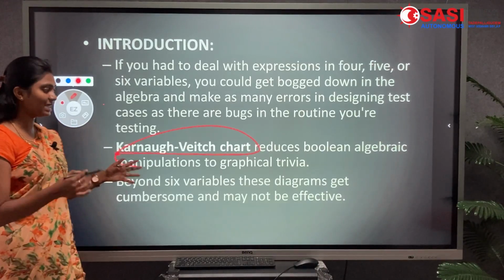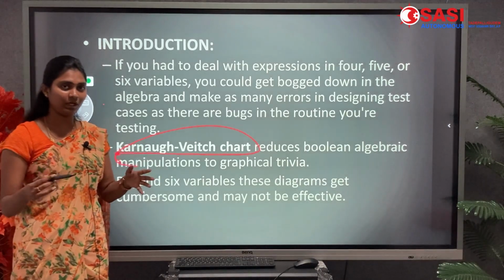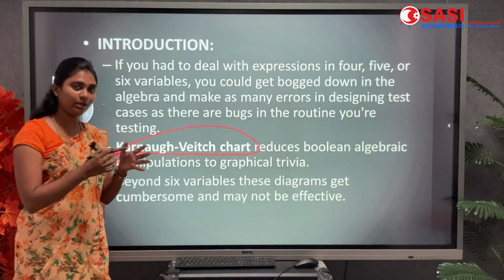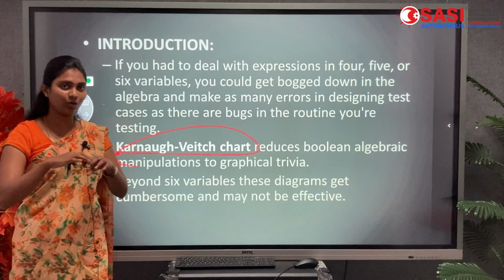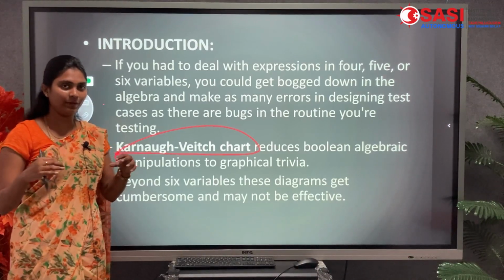The next one, 6 variables, 6 different variables. From the single variable to the 6 variables, it will be divided independently, okay?